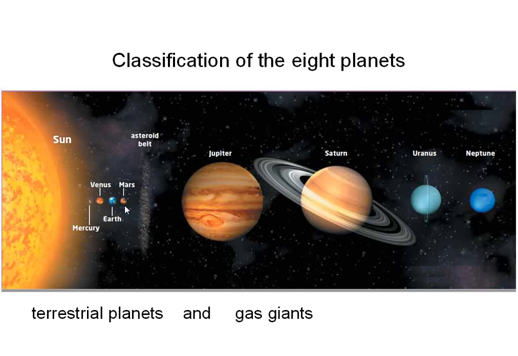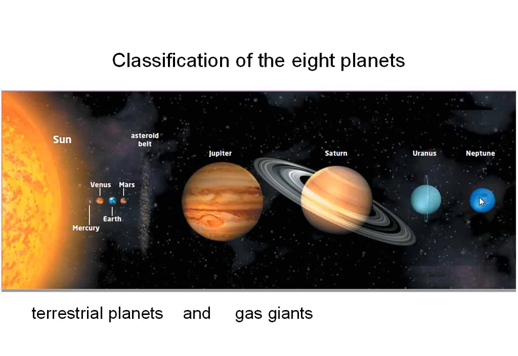They are also called the terrestrial planets because on the surface of these planets there are rocks and soil. Rocks and soil means terrestrial, right? They are Mercury, Venus, Earth, and Mars.